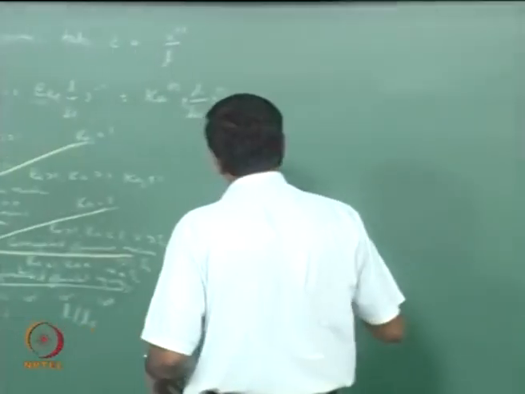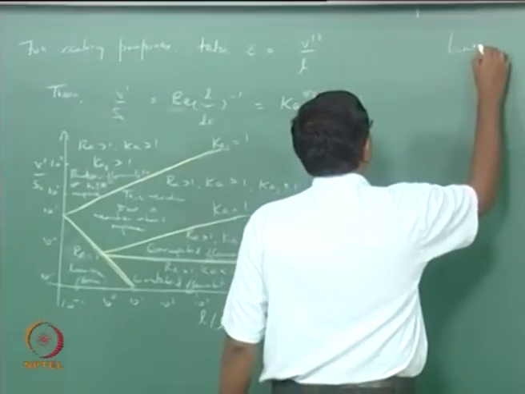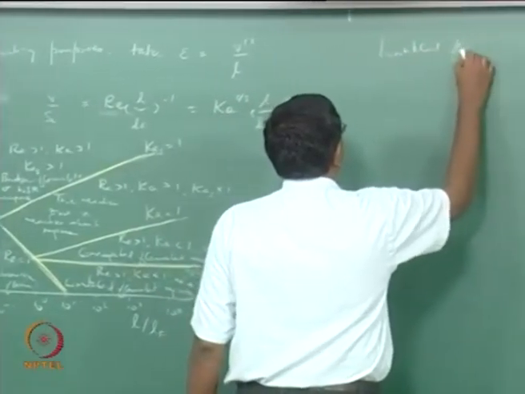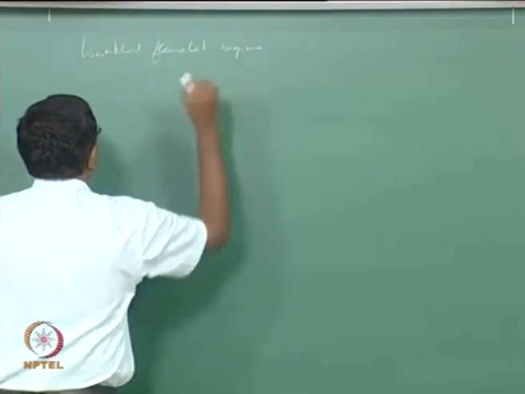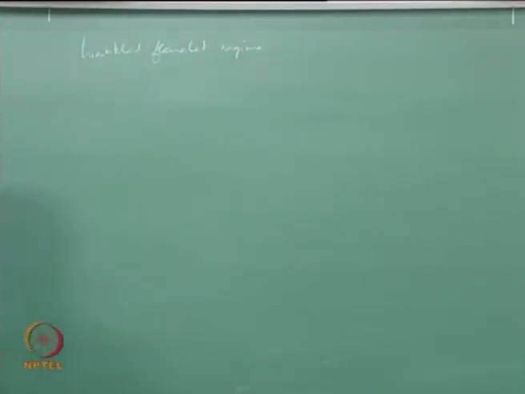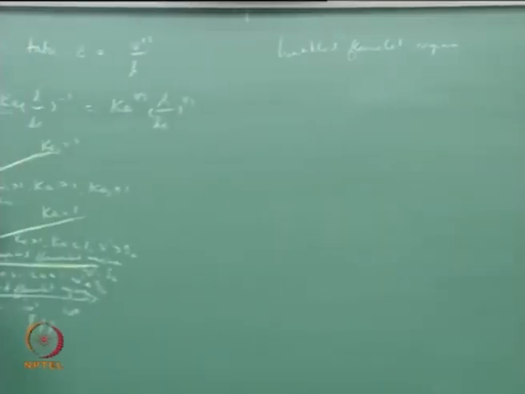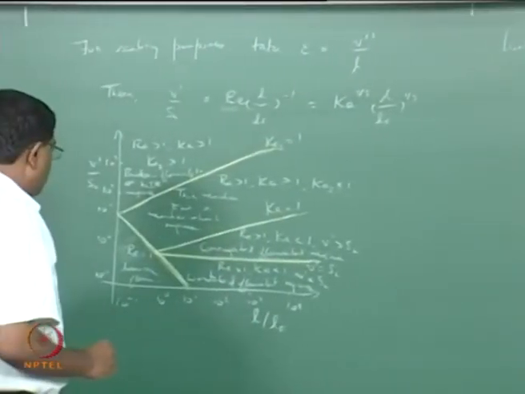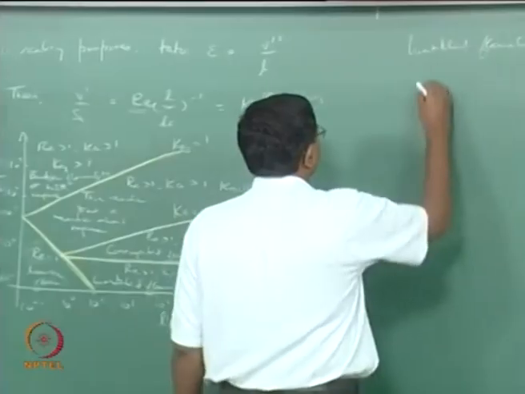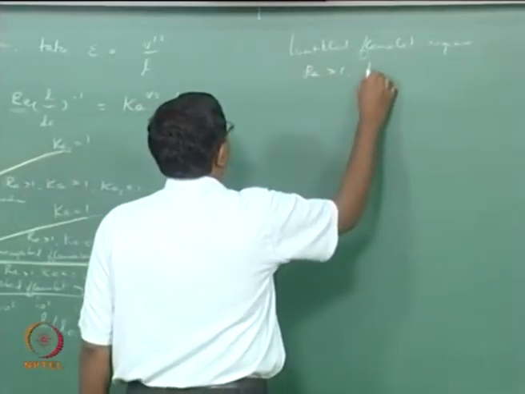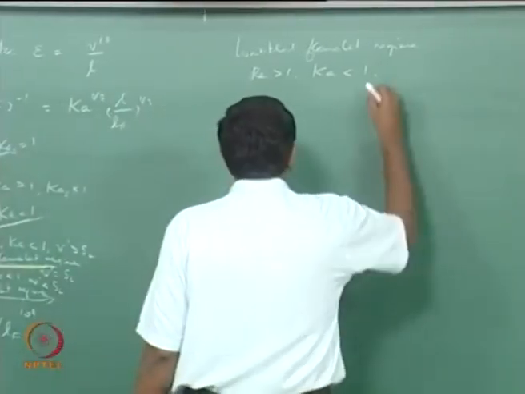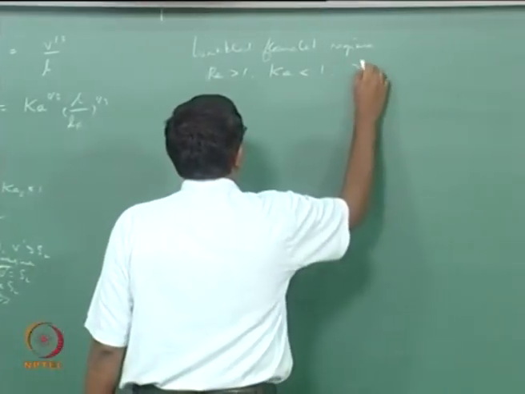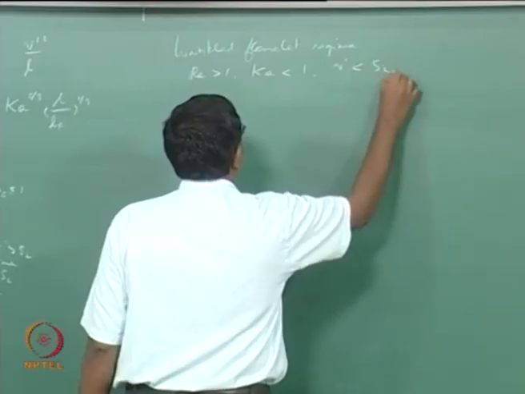So the first one is the wrinkled flamelet regime, and here we have the situation of Re greater than 1, Ka less than 1, and V prime less than SL.